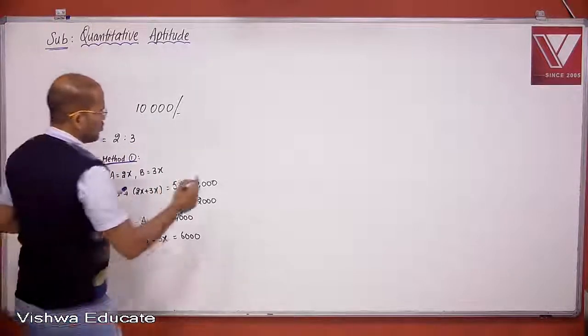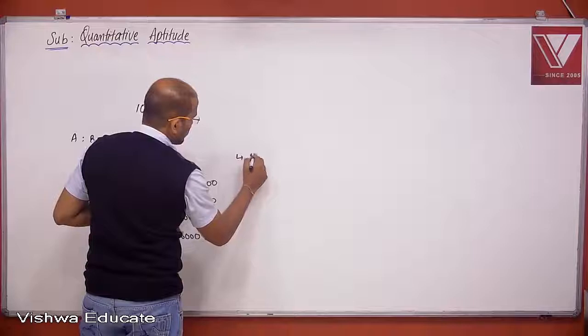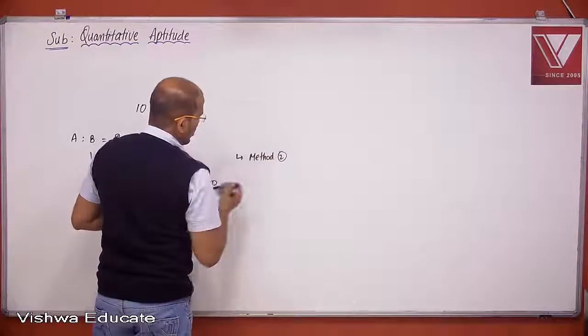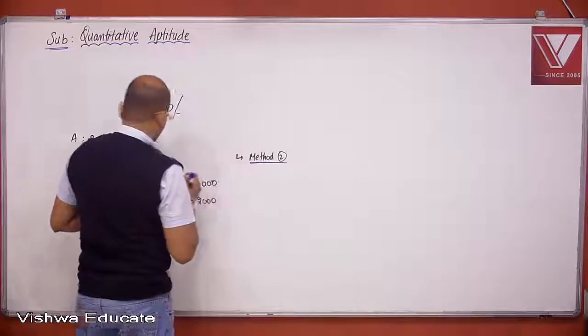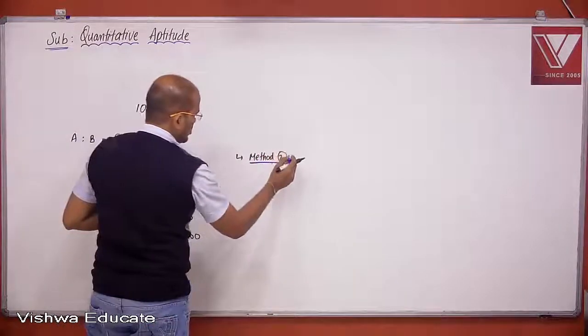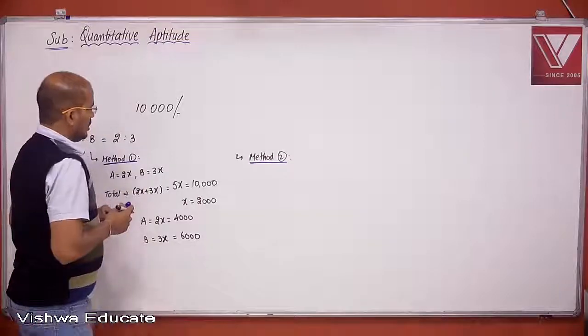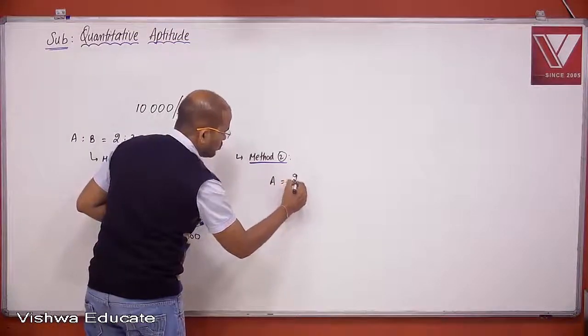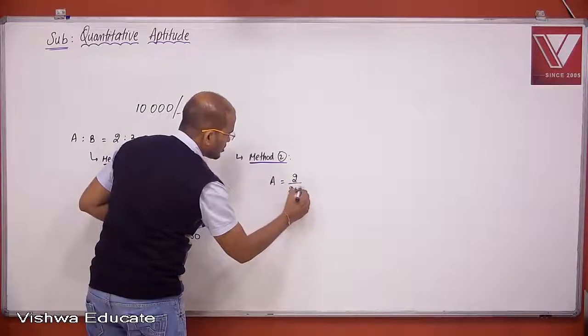Now in method 2, the approach: the share of A is 2 out of 5 parts.